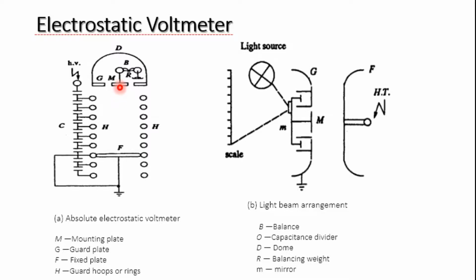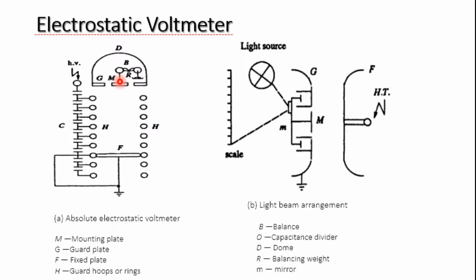Two air vane dampers are used to reduce the vibrational tendencies in the moving system, and the elongation of the spring is kept minimum to avoid the possibility of field disturbances.